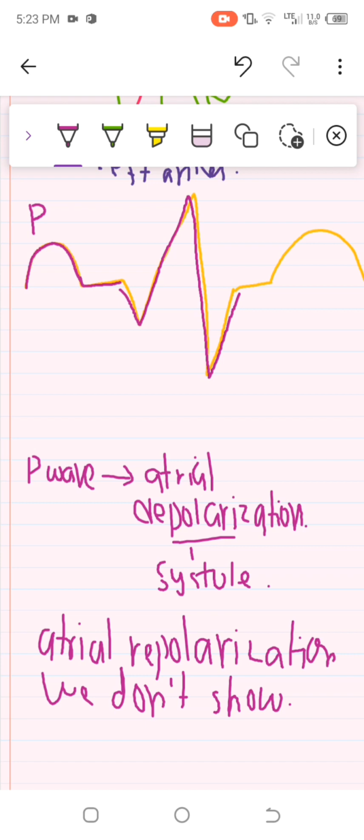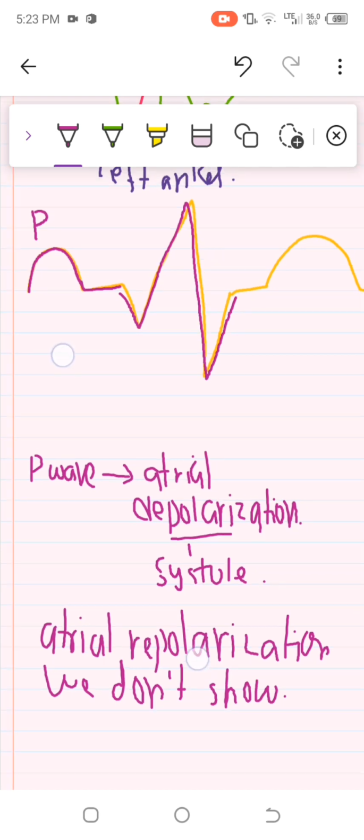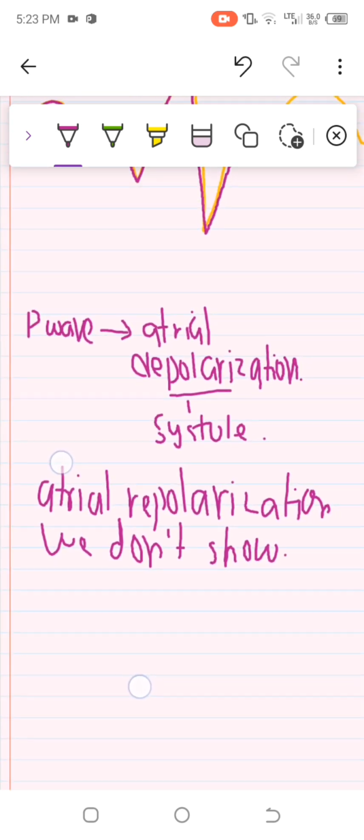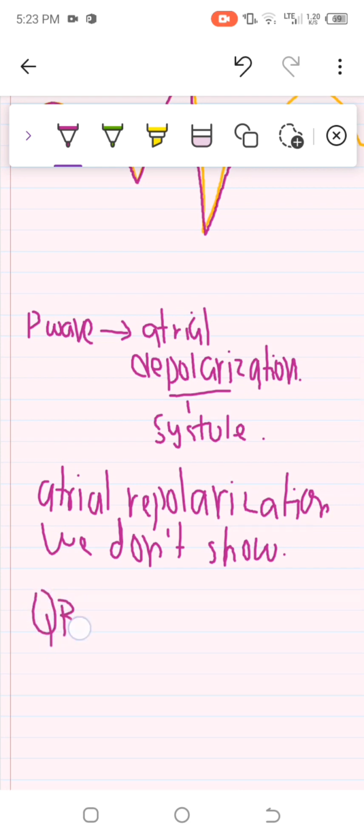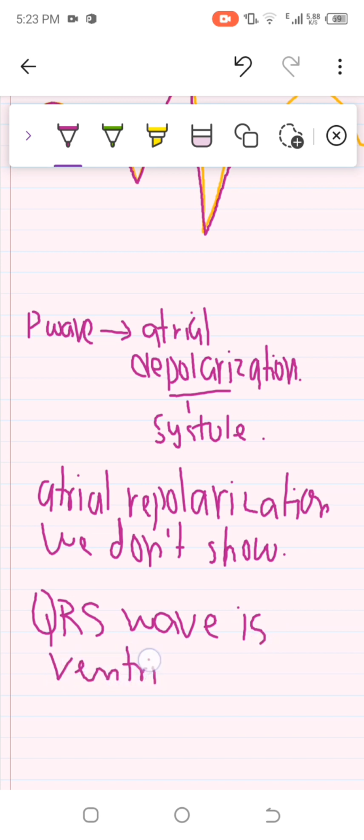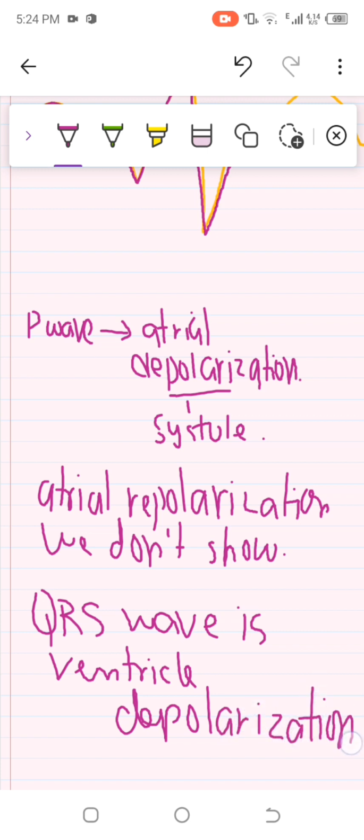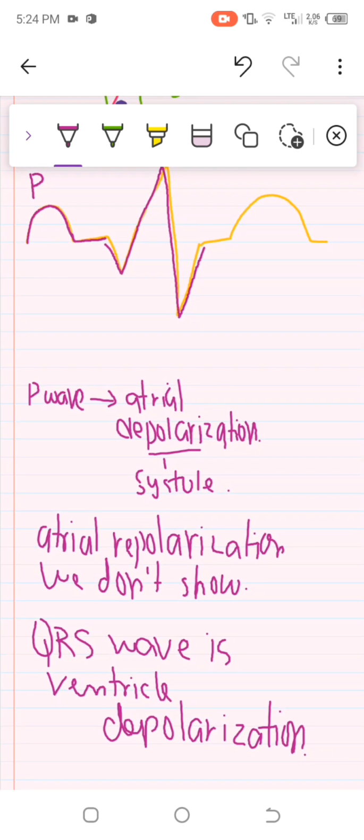Okay, so this QRS complex is ventricular depolarization. Remember one thing, when we have ventricular depolarization, this means when the ventricles are contracted, at that time the atria are relaxed. So at that time when the QRS wave is formed, atrial repolarization is done.